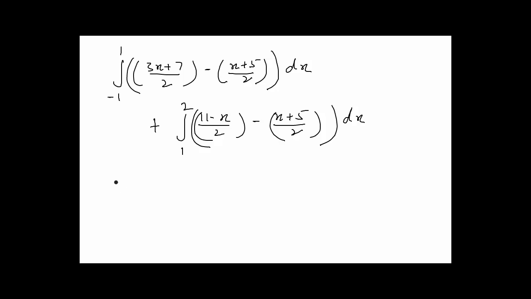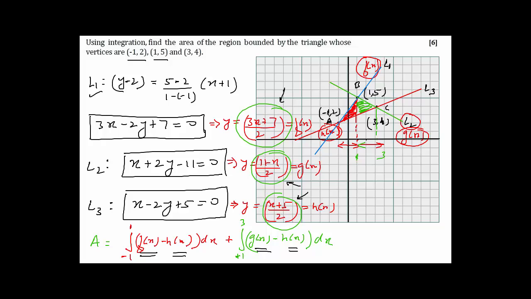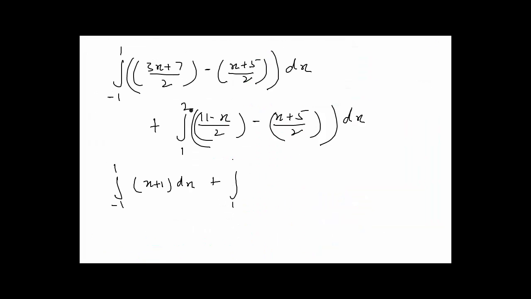On simplification, we will get the integral from -1 to 1 of just x plus 1, and the second integral will be from 1 to 3, and on simplification this value becomes 3 minus x dx.